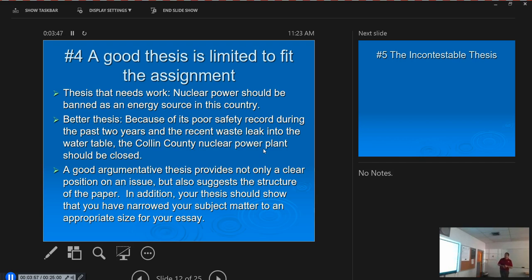A good argumentative thesis provides not only a clear position on an issue, but also suggests the structure of the paper. We have 2 main points here. Which one are they going to talk about first? Well, that's the second one, so... Yeah, poor safety record, probably.